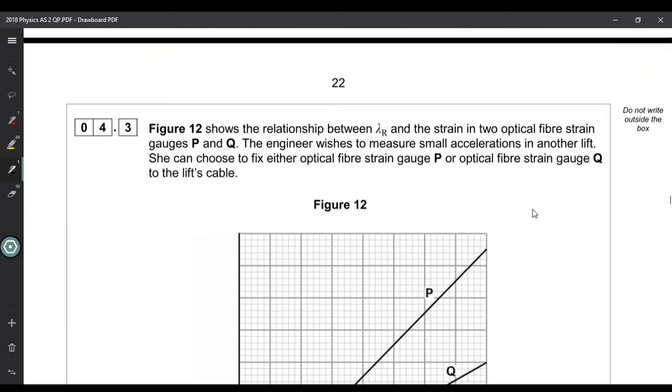So the last part of this question gives us a relationship between lambda r and the strain in two different optical strain gauges, P and Q. And we're told that the engineer wishes to measure small accelerations in another lift. She can choose to fix either of these to the lift's cable.